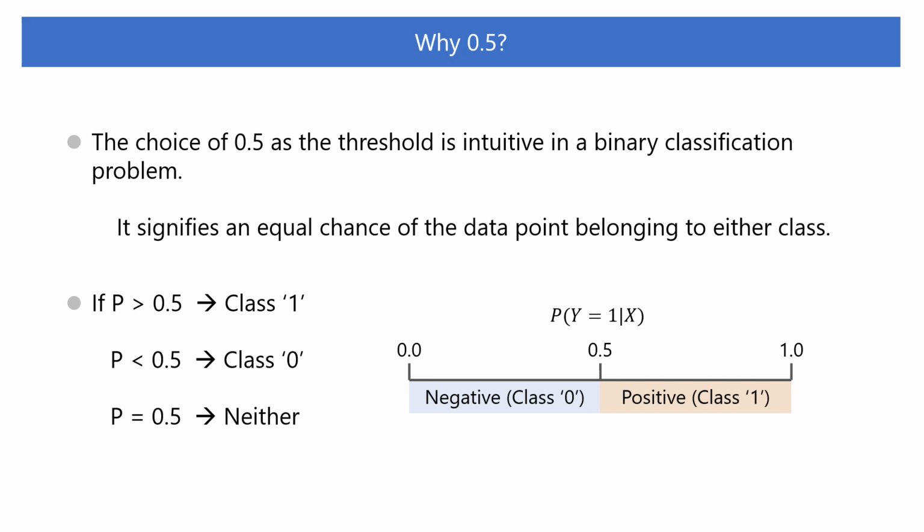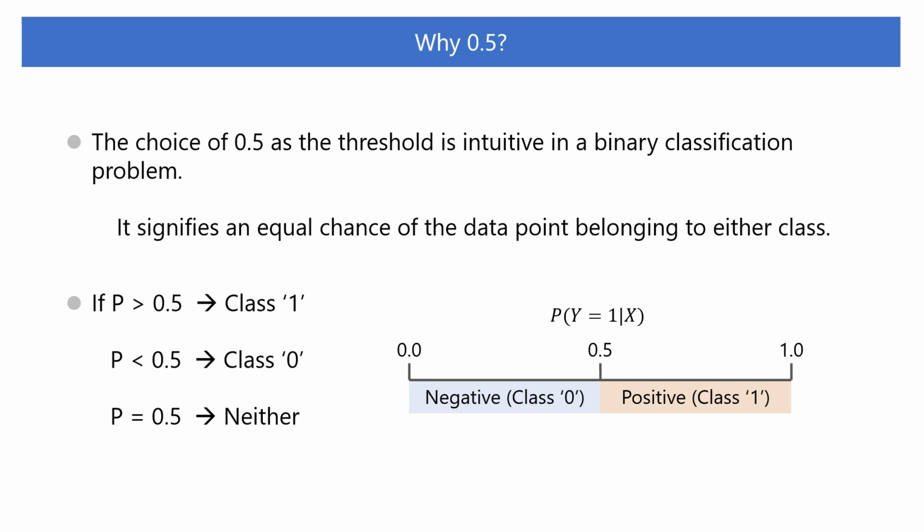In real-world scenarios, getting a predicted probability of exactly 0 or 1 is rare due to the nature of the logistic function and real data. So, we classify data points with probabilities lower than the threshold as 0, and those with higher probabilities as 1.